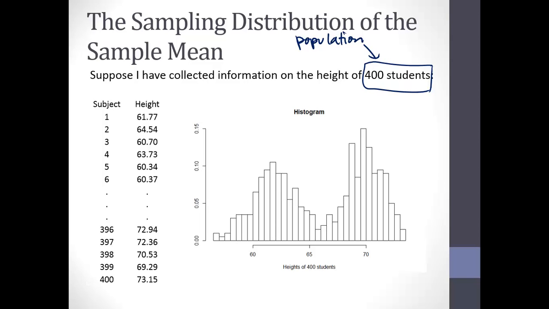So I have my 400 subjects, and I have their height. And I have this bimodal thing going on, with women and men in here, obviously. So this would be an example of the population distribution, because I just have the heights of my 400 students in my histogram here. Each number going into that histogram represents an individual.